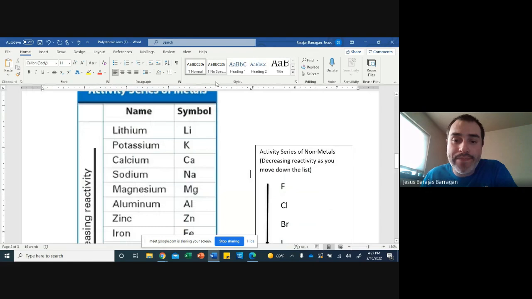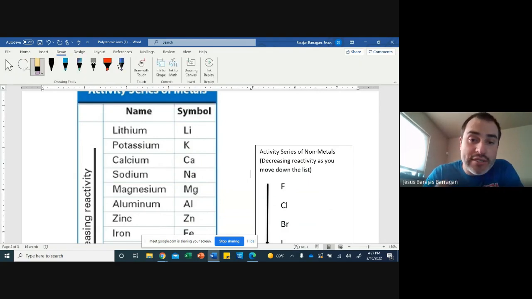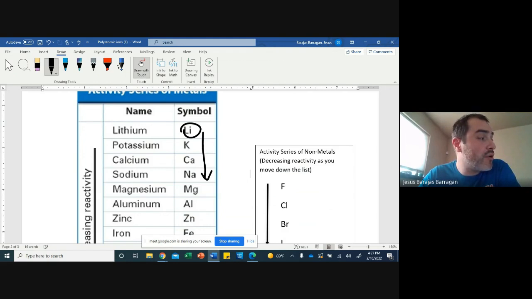Okay, let me show you. Lithium appears right here, and it will be able to replace anything below it. So the question is now, is lithium above sodium? Yeah, lithium is above sodium, so it can replace it. The reaction does take place. If it wasn't the case, then you would just write down no reaction. So lithium will replace sodium.